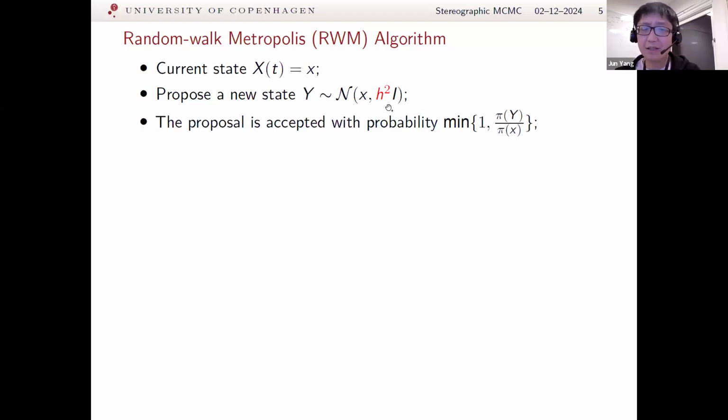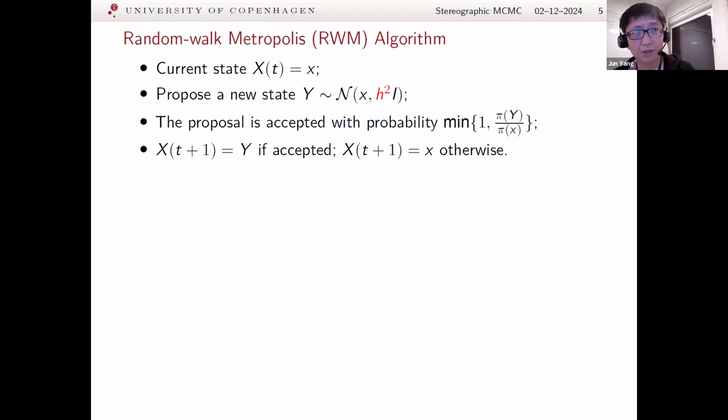After that, it's a Metropolis-Hastings framework. I will decide to accept this proposal with a probability like this. If the proposal is accepted, the Markov chain moves to the proposed state y. Otherwise, the Markov chain stays at the current state x.